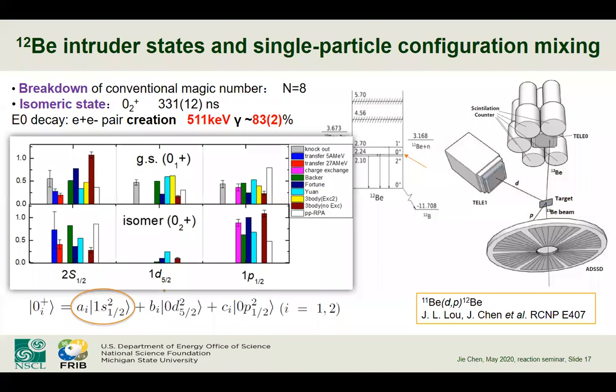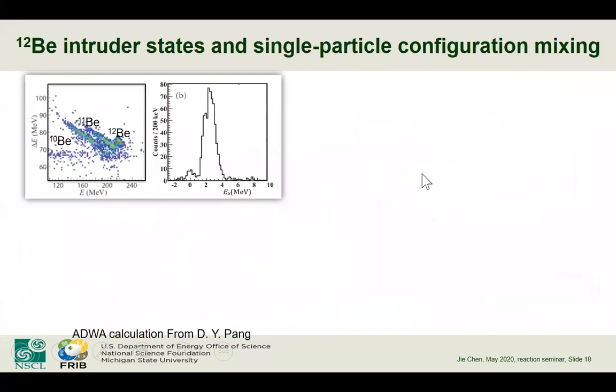Also, in order to identify the isomeric 0+ state, we use scintillator detectors surrounding the zero-degree telescope to detect the gamma rays decaying from these isomeric states, in order to separate them from other excited states.